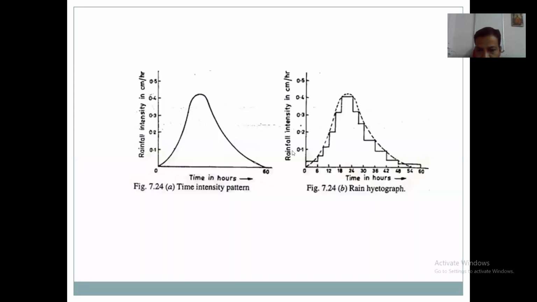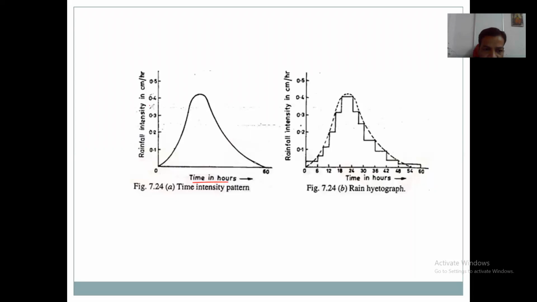See this graph. A graph is plotted between rainfall intensity and time in hours. On x-axis from 0 to 60, time in hours is given.